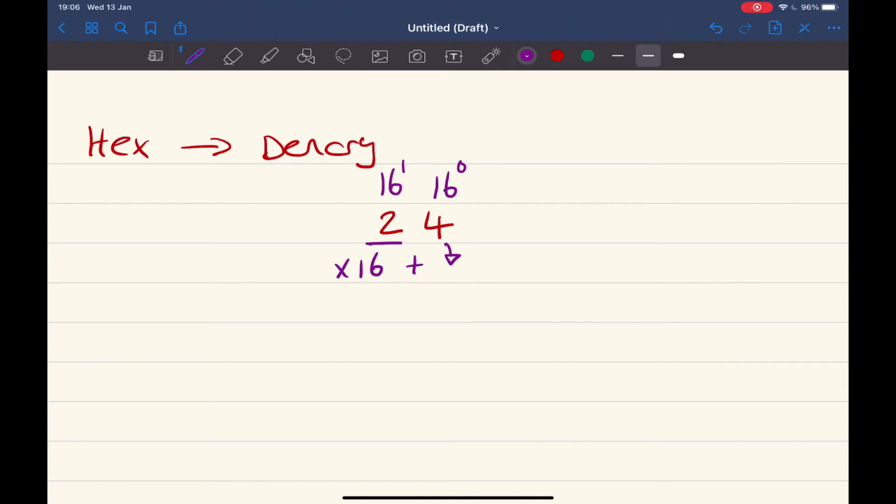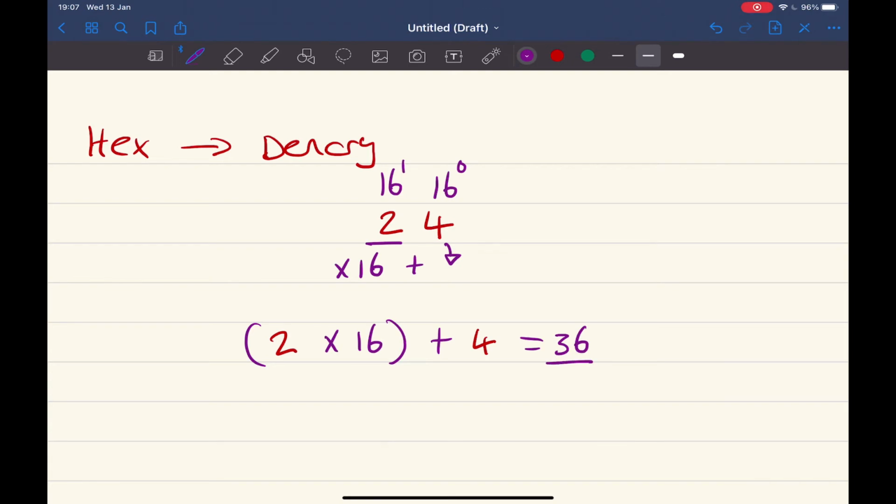So this hexadecimal number can be rewritten as 2 times 16 plus 4. And 2 times 16 is 32, plus 4 is 36.